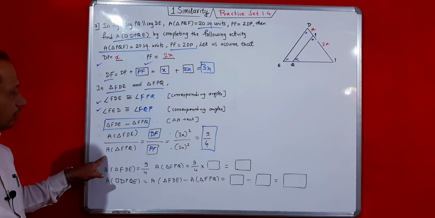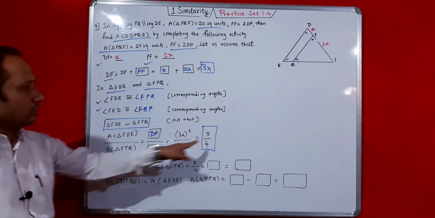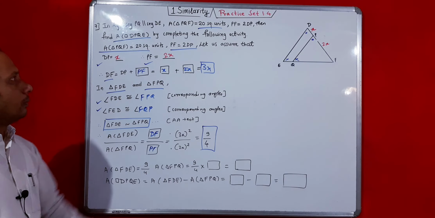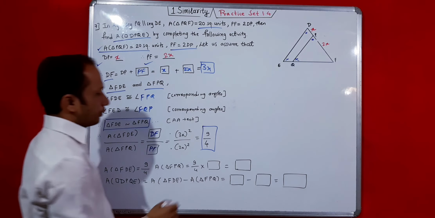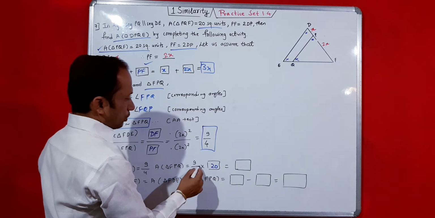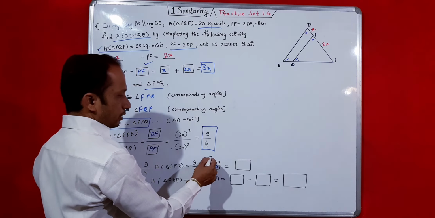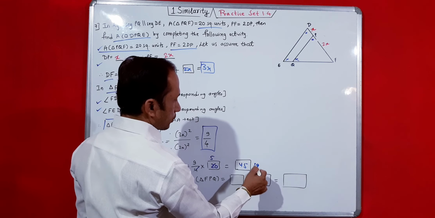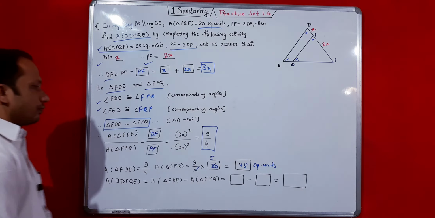Area of triangle FDE, this will go to this side and multiply with area of triangle PFQ, which is given 20. 4 ones are 4 and 4 5s are 20, so it will be 45 square units.